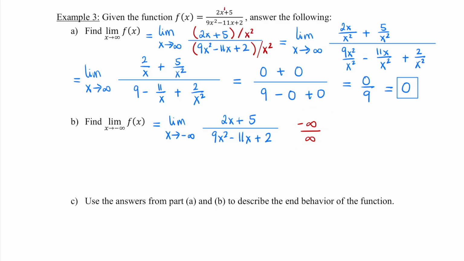So we need to divide the numerator and the denominator by the highest power of the denominator.